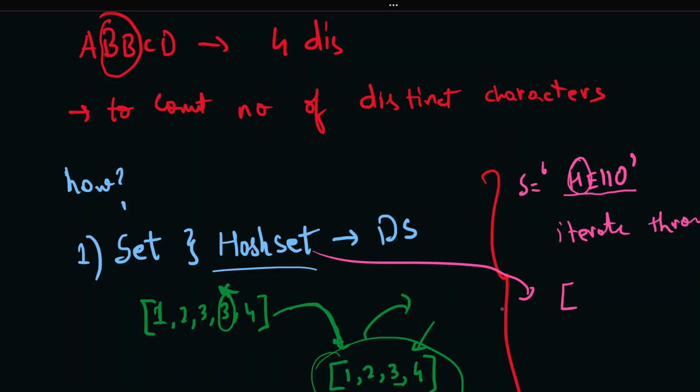Correct? So first we'll be at H. So then we'll put H in, then E will go in, good, because it is not there in the hash set. Then L will go, fine.